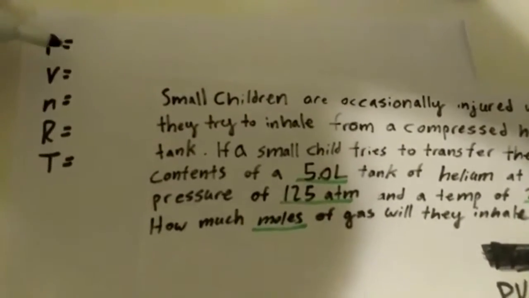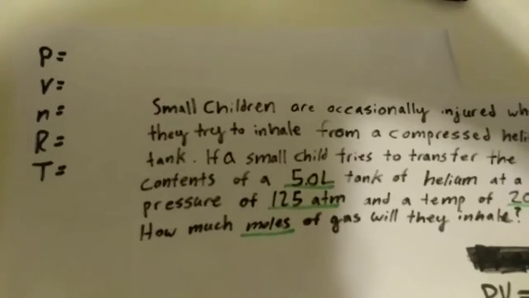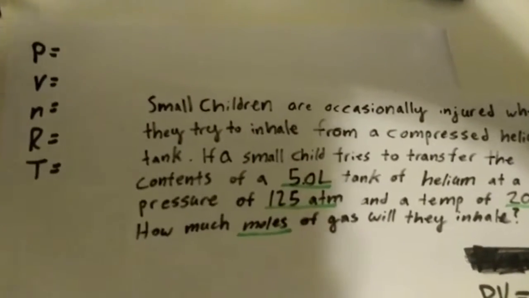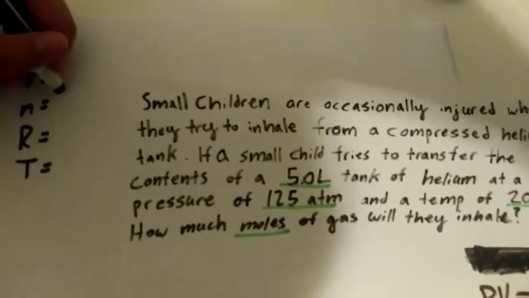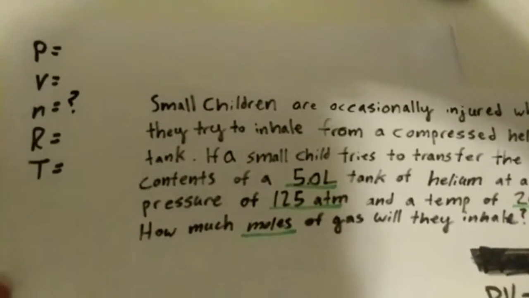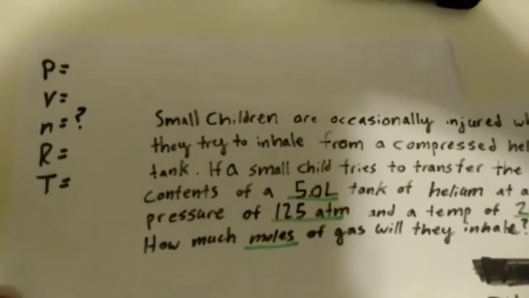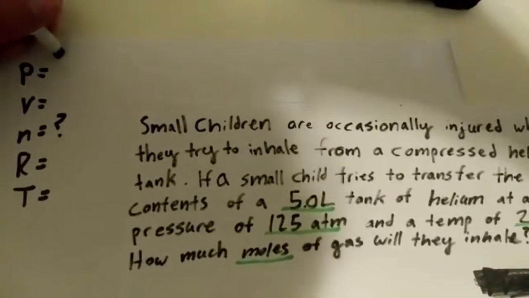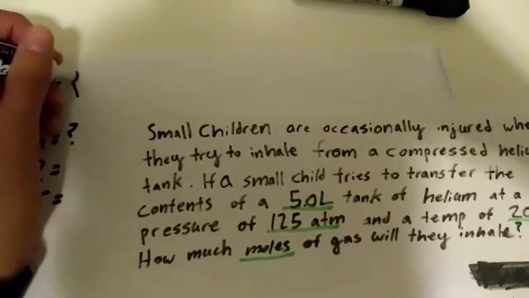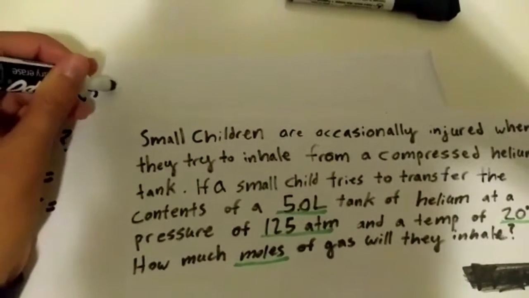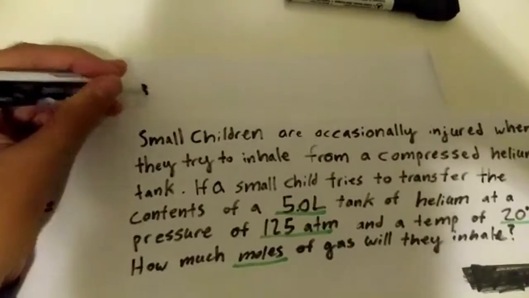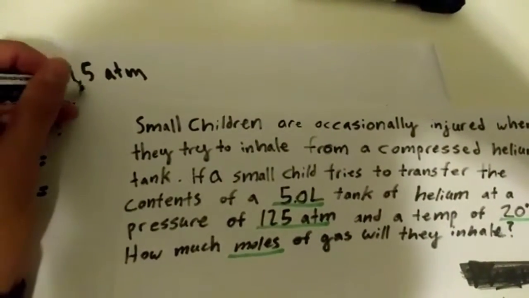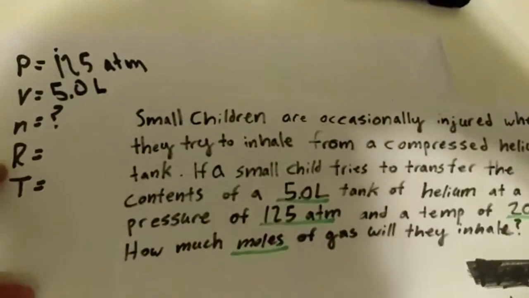So now that we have our values here, we first see what we are looking for. And we are looking for moles. So for n, we'll put a question mark to indicate that we're looking for moles. And then we plug in everything else. So pressure is 125 atm. Volume is 5.0 liters.